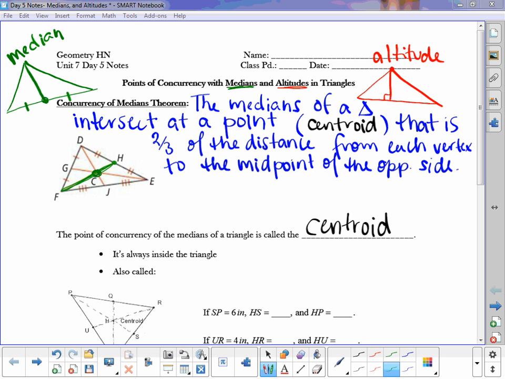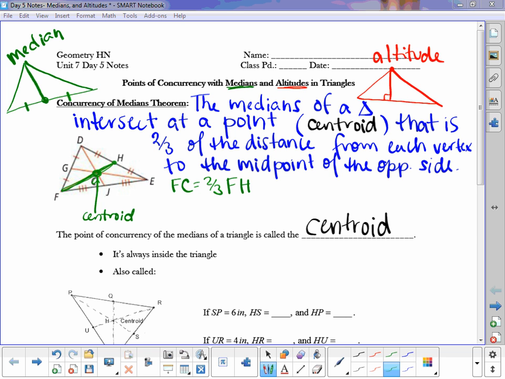C. Let's label that before I forget. The theorem says that the centroid is 2/3 of the distance of that median. So FC is 2/3 of the distance of the entire median, which is FH.